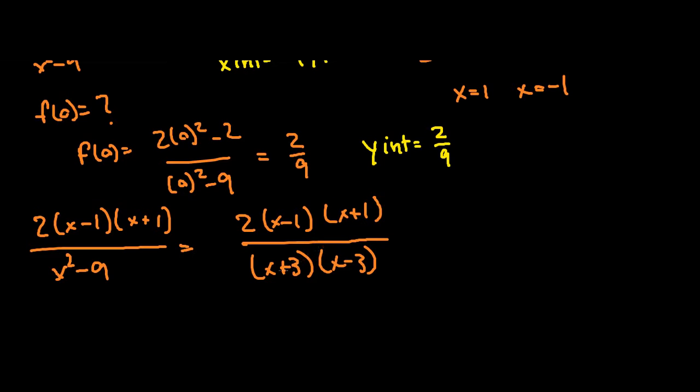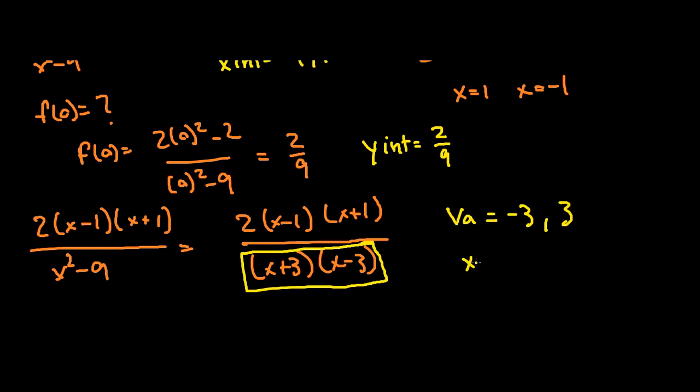And now we're just going to look for the asymptotes. When we're looking for asymptotes, we just focus on the denominator. What's going to make this equal to 0? Well, minus 3 and 3. So we can say that the vertical asymptotes are equal to minus 3 and 3.